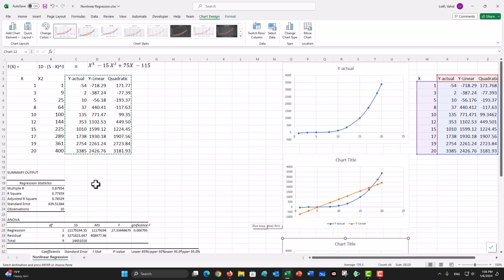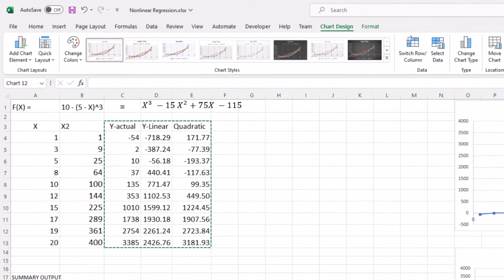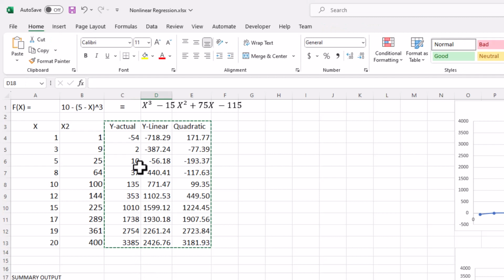However, for the purpose of demonstration, I am going to add another term, which is x to the power of 3, to show you that you can continue exploring more and more powers of the independent variable and see if there is any significant improvement. So again, let me move this data to the side.